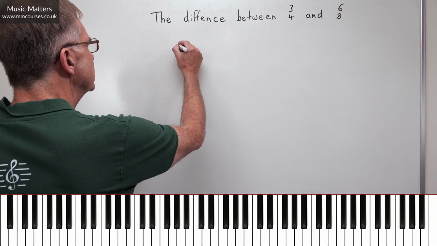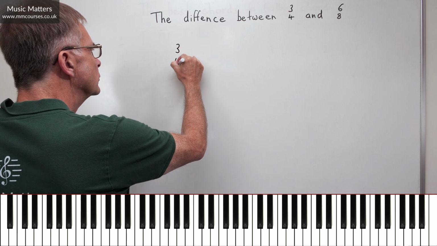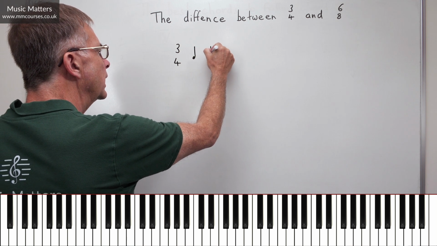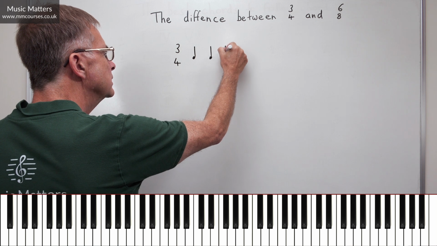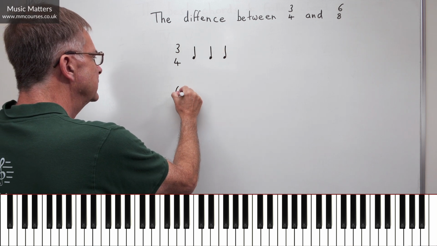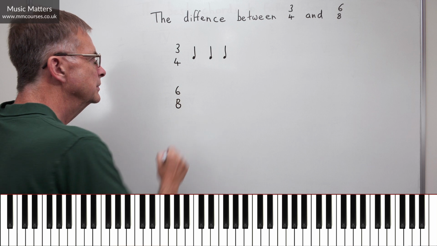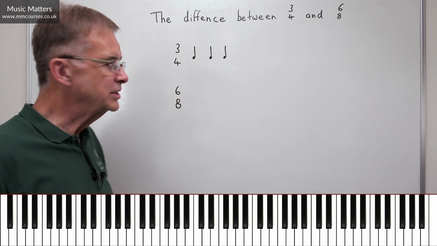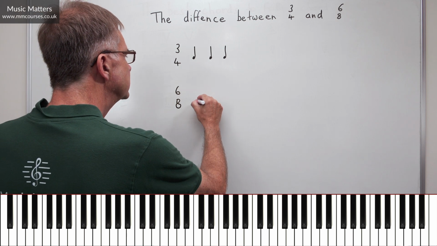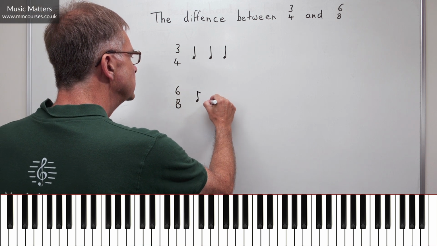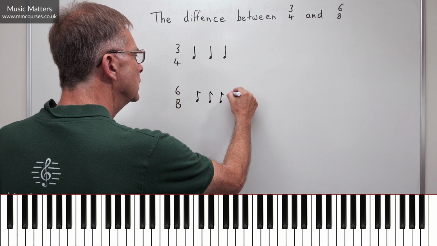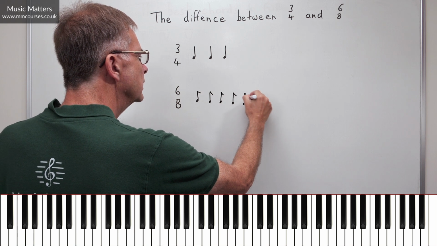let's just note this down for a moment. If I've got 3 crotchets in a bar, or 3 quarter notes in a bar, that obviously looks like that. Mathematically, that's exactly the same as this, isn't it? If I've got 6 quavers in a bar, or 6 eighth notes in a bar, well, what does that look like? 1, 2, 3, 4, 5, 6.